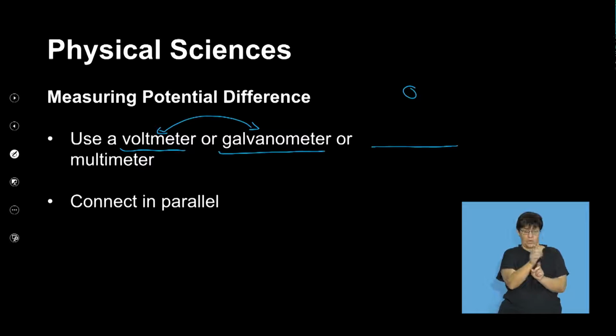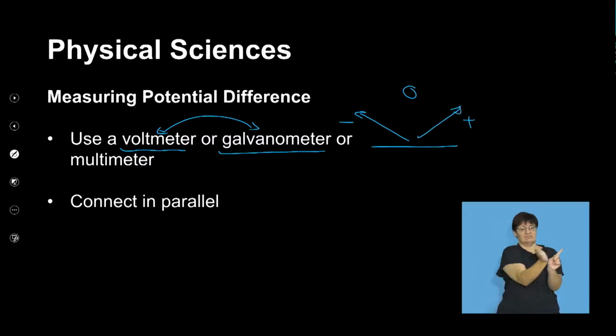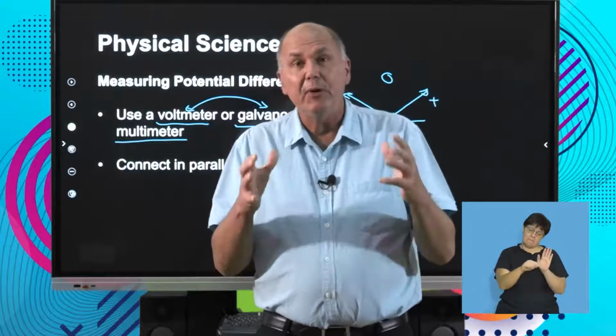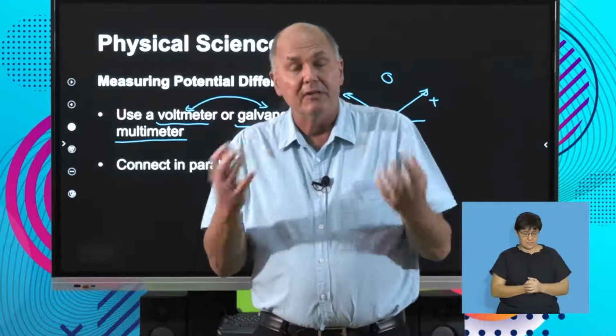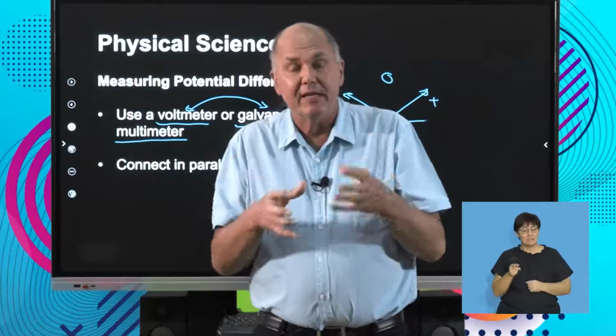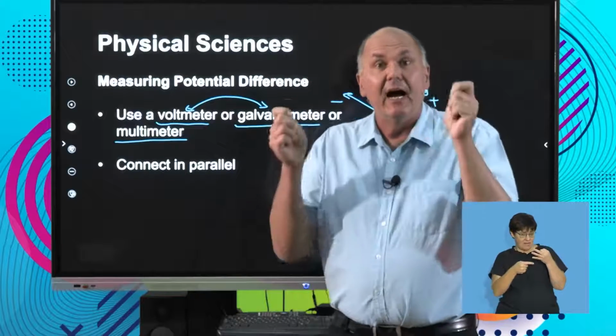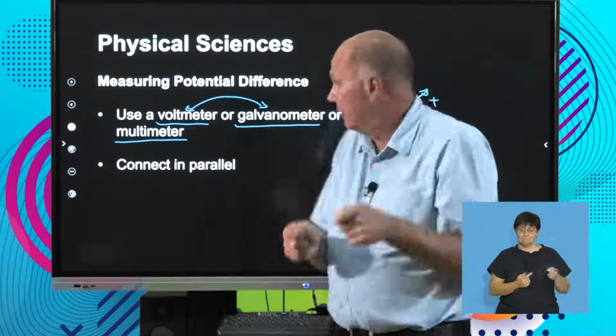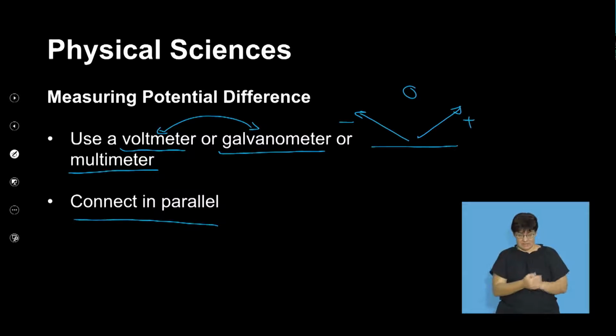On a galvanometer, you can have a negative part and a positive part, and the zero is in the middle, so the needle can go to the negative part or to the positive part. And of course, there's the multimeter, which is a digital device, but we can do exactly the same. Whatever the instrument is, to measure potential difference we always connect it in parallel. So we must make sure our connection is in parallel.